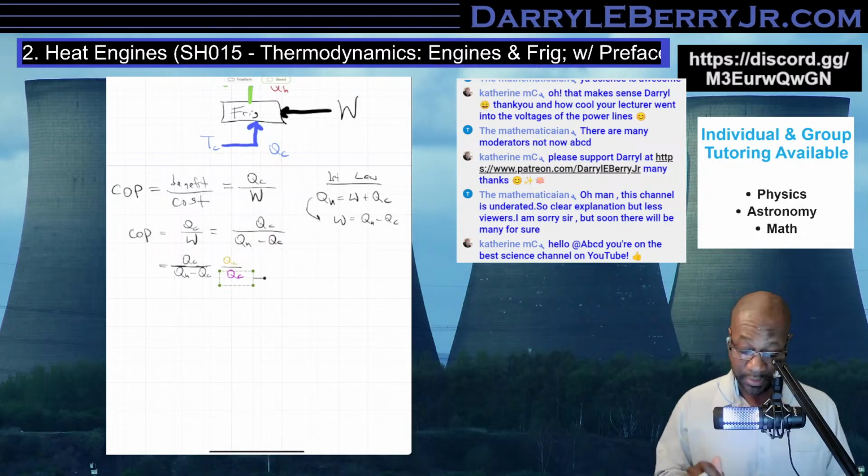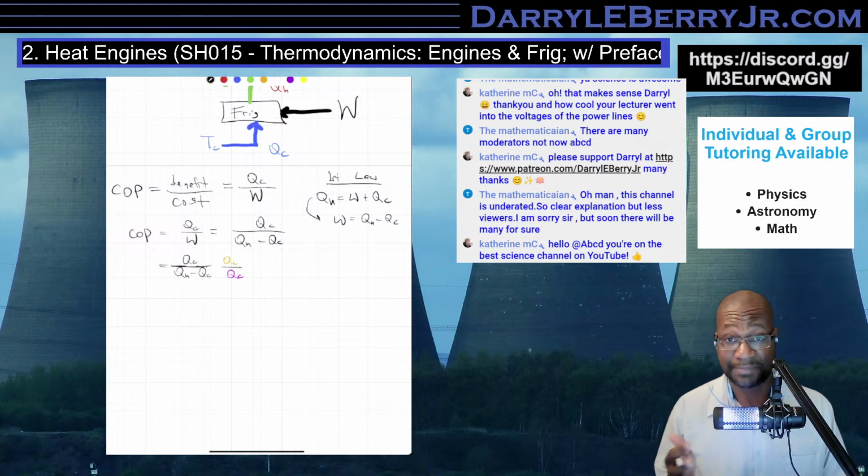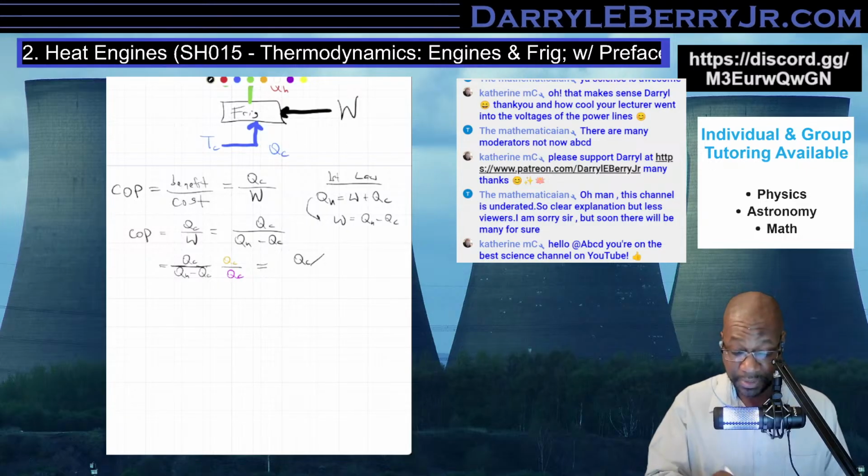There we go. So watch what I do here with these two numbers. Again, all I did was multiply by 1. You multiply by QC divided by QC, which is still 1. But watch how I distribute this. I'm going to divide the first QC by the pink QC. I can move these around however I want. And I can add another step here if you want me to. Just let me know.